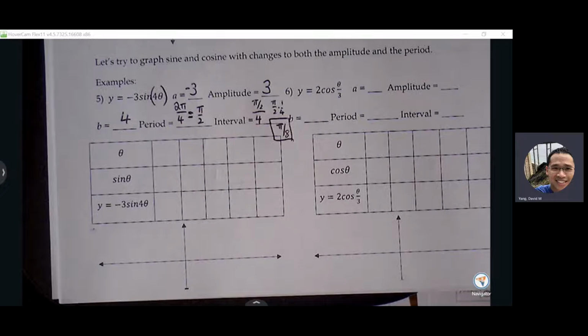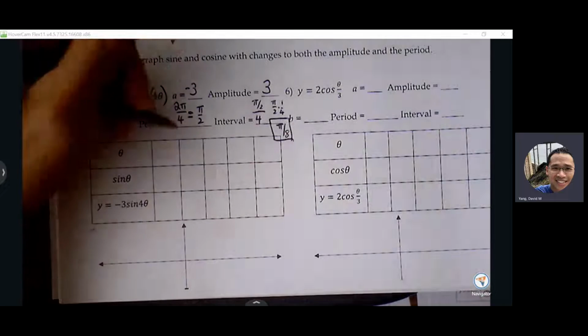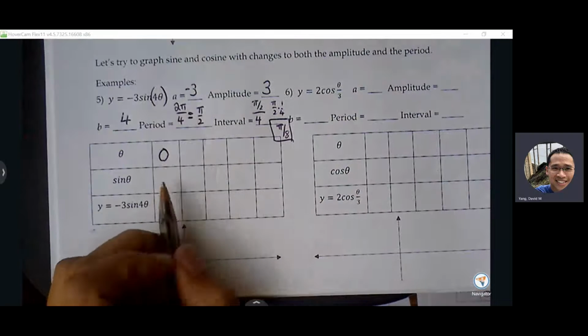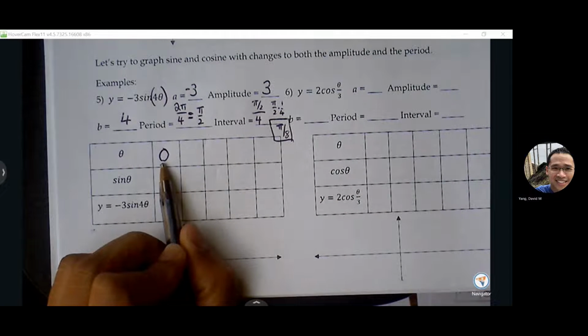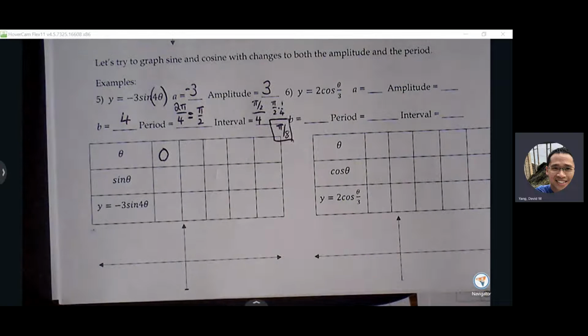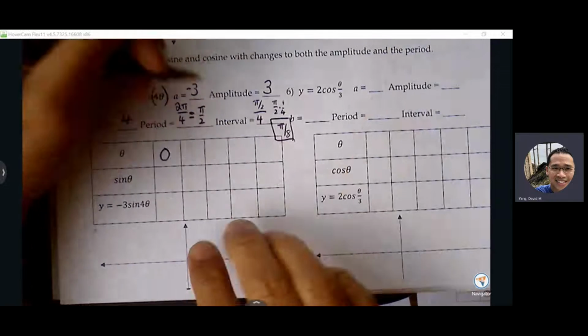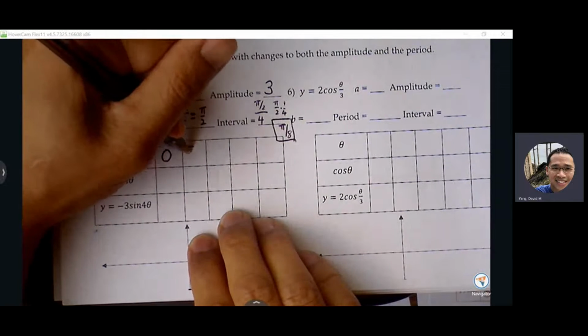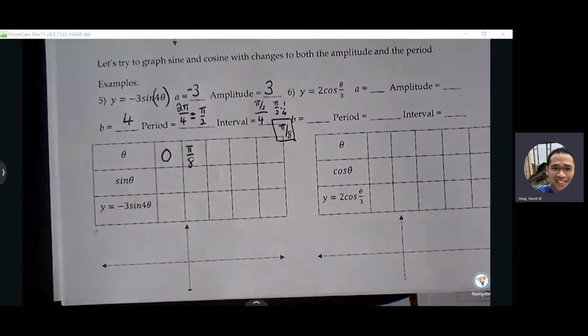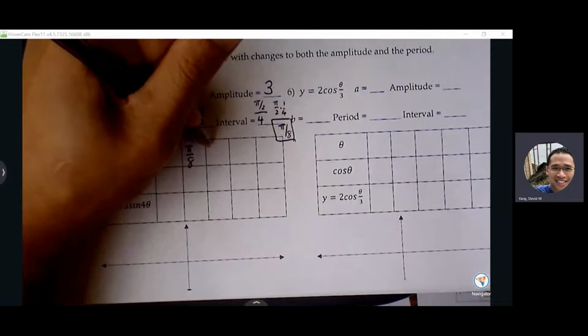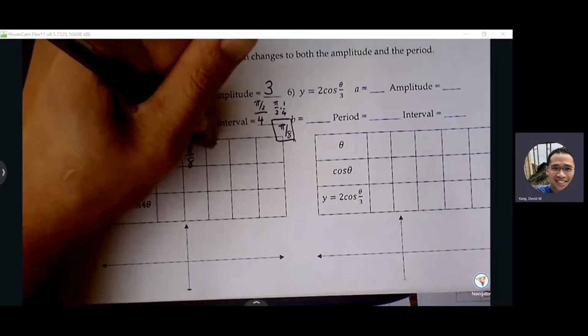Good. Any other questions? Okay, so we're going to start at 0, and we're going to increment by what? Pi over 8. So we're going to keep adding 1/8 until we reach, hopefully, pi over 2. So 0 plus 1/8 is 1/8, which is pi over 8. Pi over 8 plus pi over 8 is 2 pi over 8, which is pi over 4.